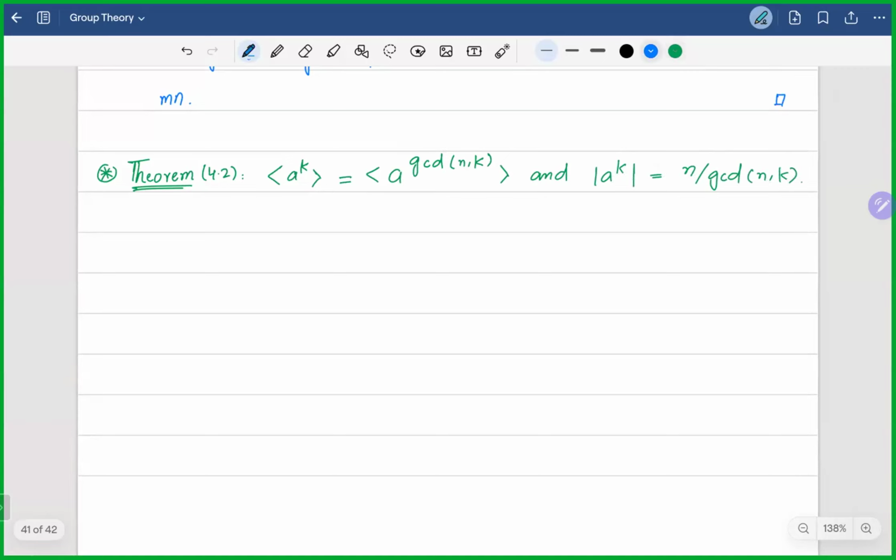So the statement will be: let A be an element of order n in a group, and let k be a positive integer.